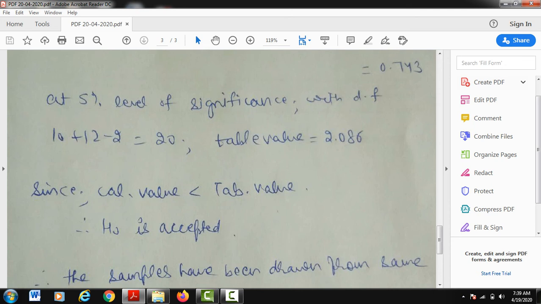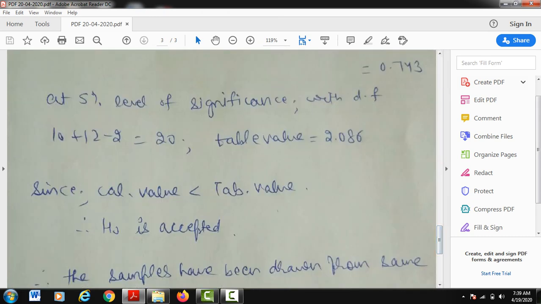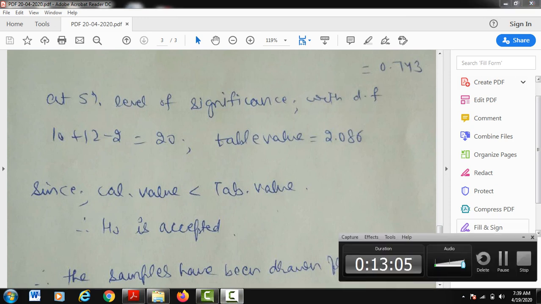So both are equal. So we can conclude in the last that the two samples which you have been given have been drawn from a population having the same variances, and from a population which possesses the normal distribution. Okay, so students, this numerical is very important from the examination point of view.